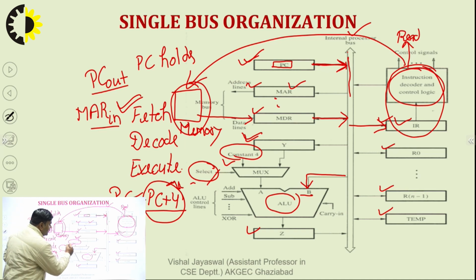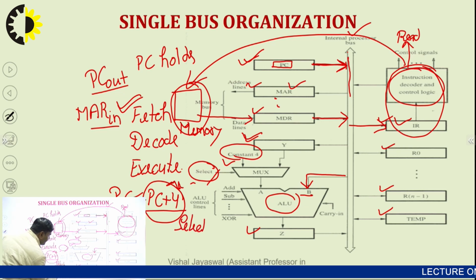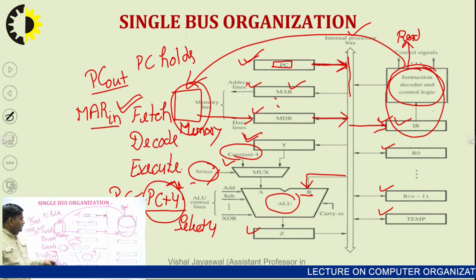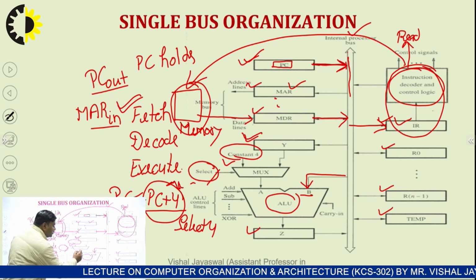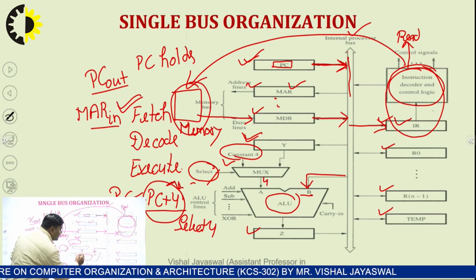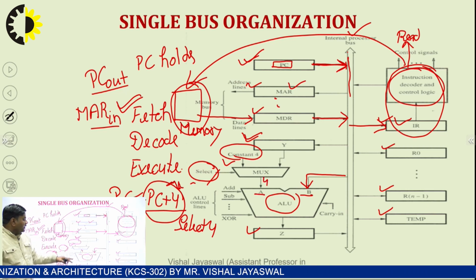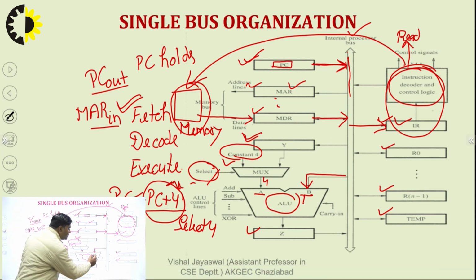So if we use select 4, then the 4 value is input to the ALU input A. So here is the PC and here is the 4.